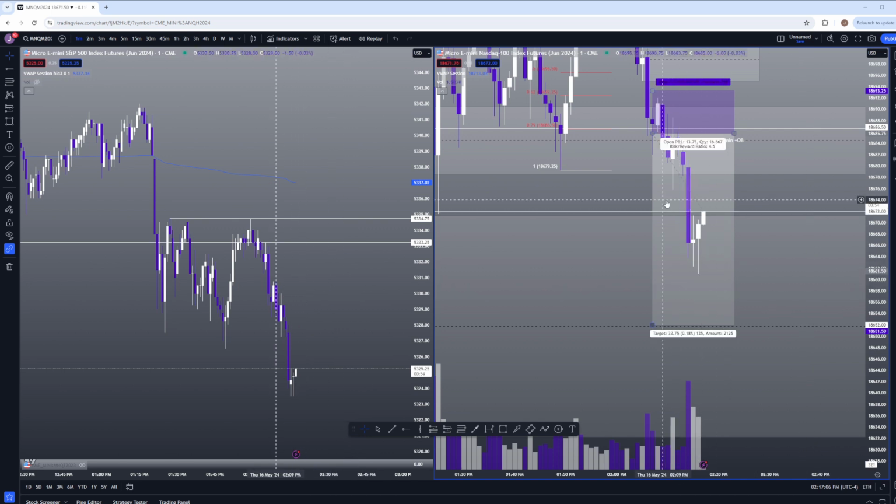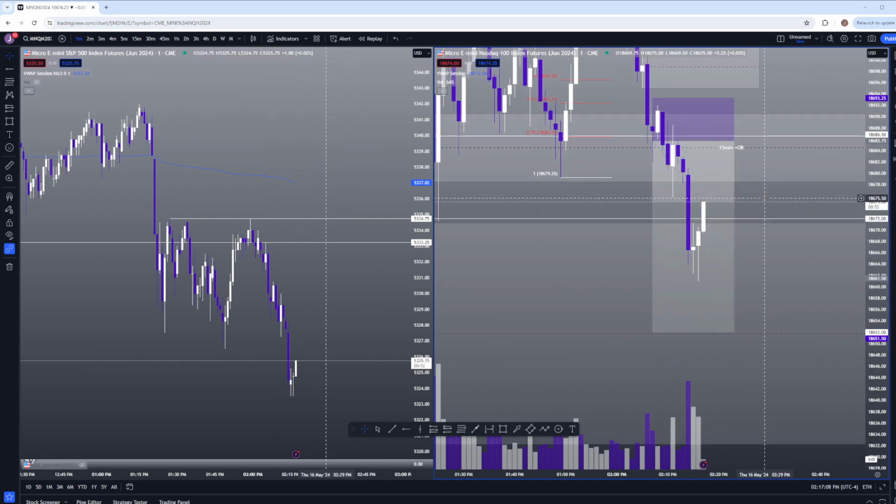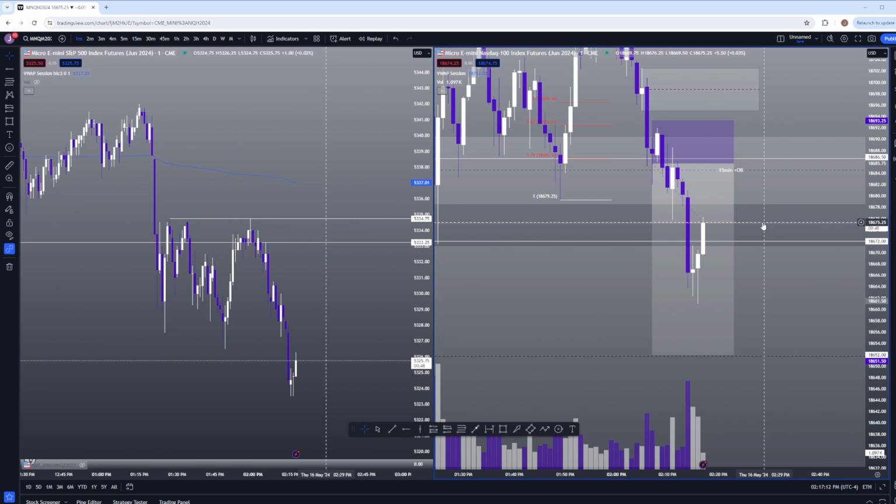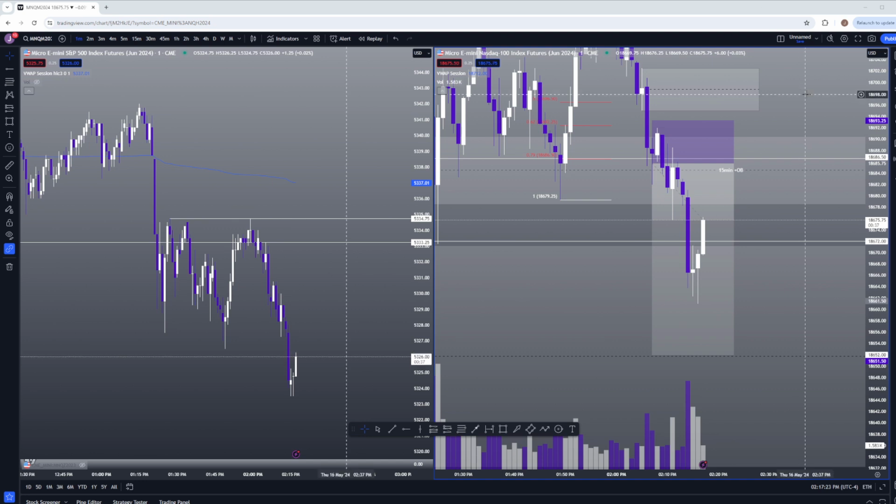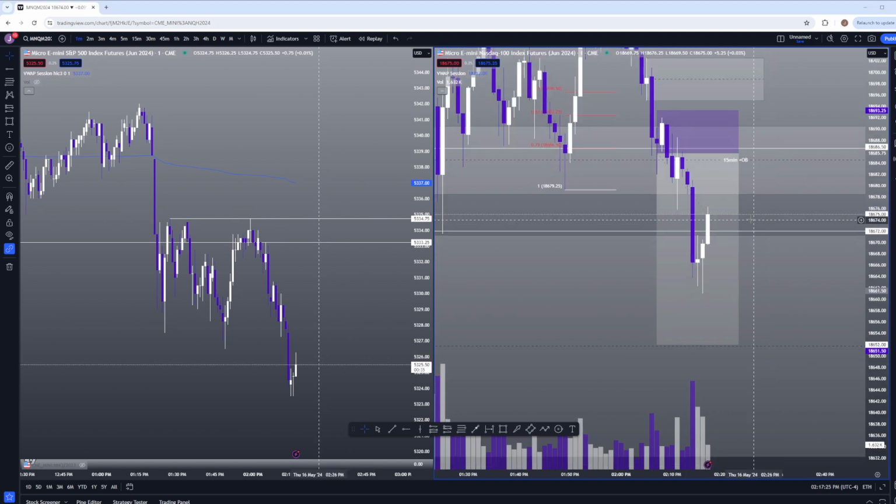Let's see. We've got to get a bounce off this 1-minute here. Looks like we might try to push right back up. That's why I said if you want to grab that liquidity, sell your full TP, you could. We'll see.